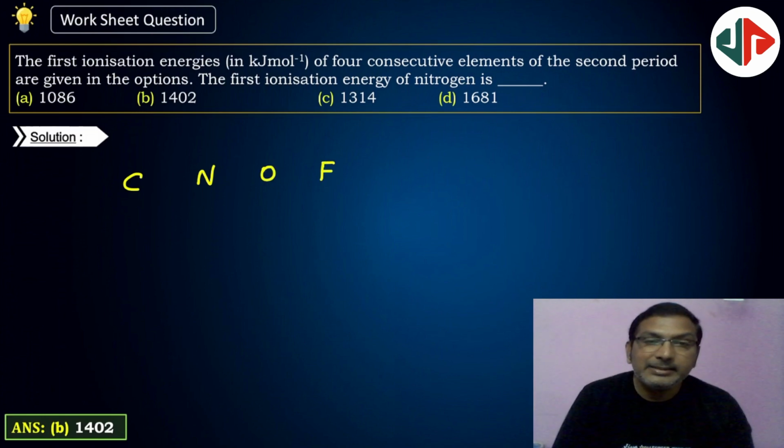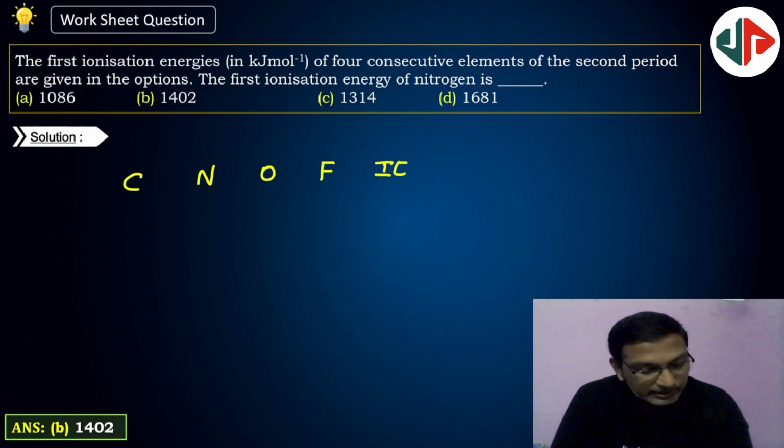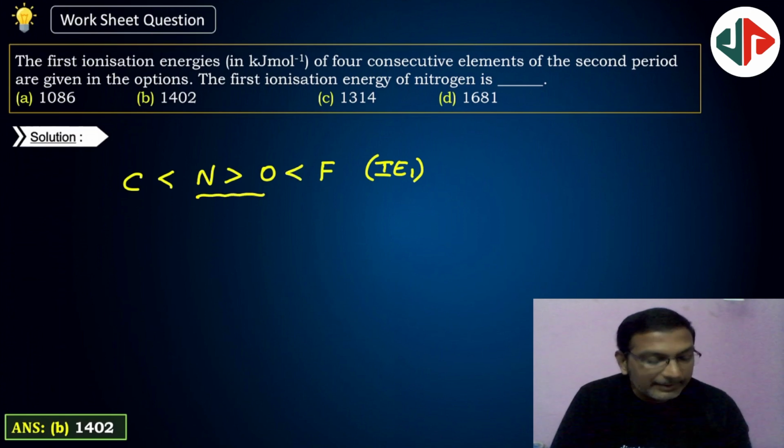These are successive elements and ionization energies we know the first ionization energy order. Carbon to nitrogen as usual increase. Next, between nitrogen and oxygen that will be reversed. Remember this. Oxygen to fluorine again increase.